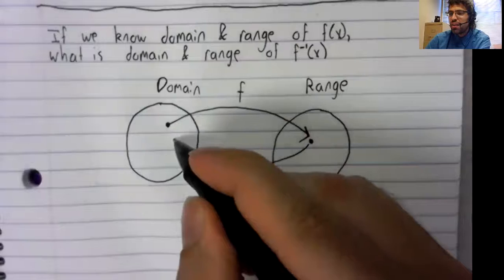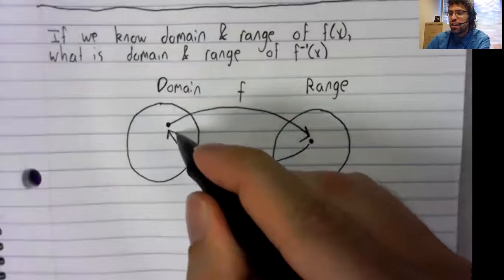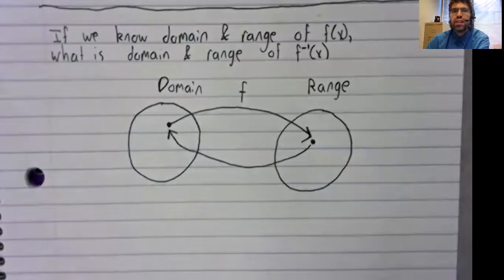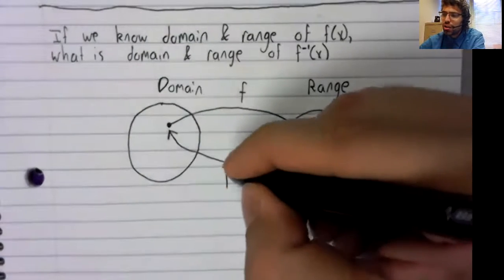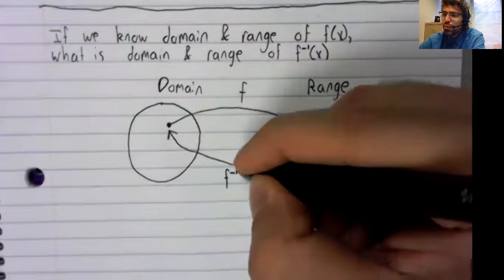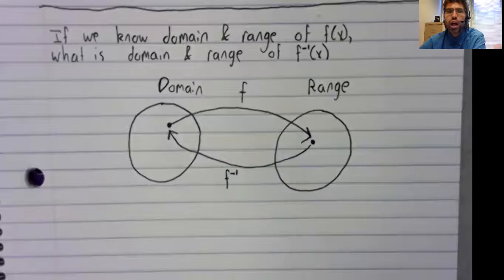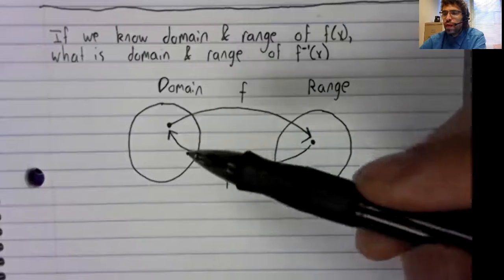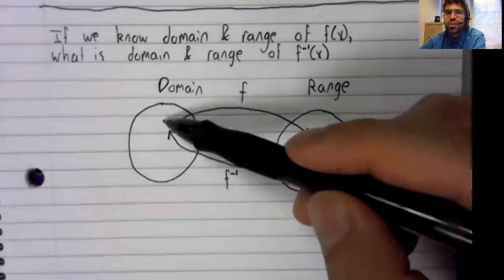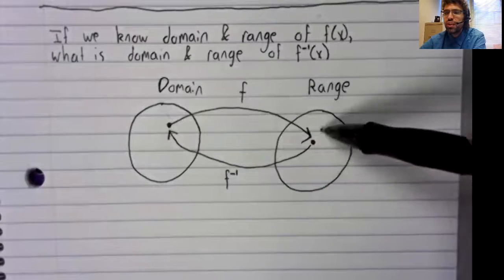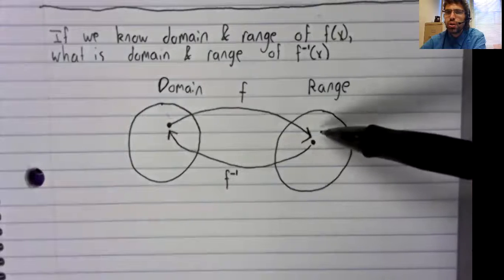It takes that value in the range and sends it back where it started. So remember that the domain is the set of inputs, the range is the set of outputs.